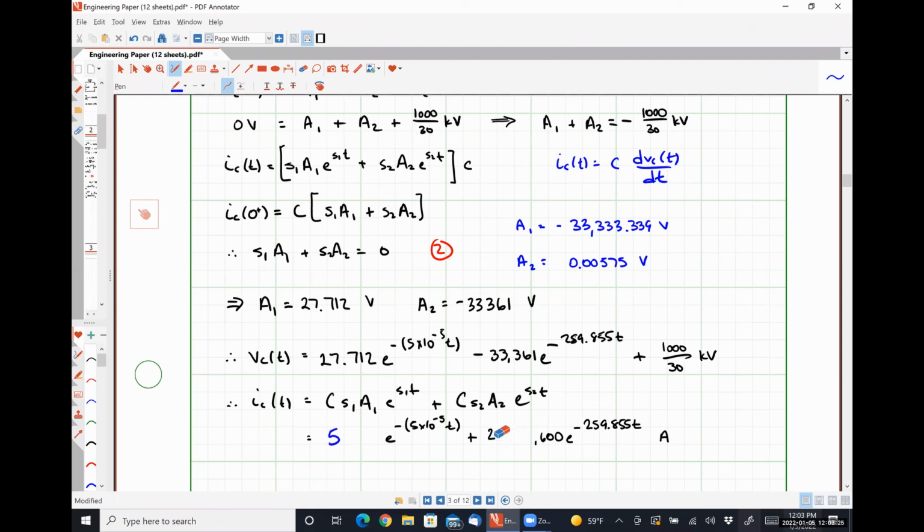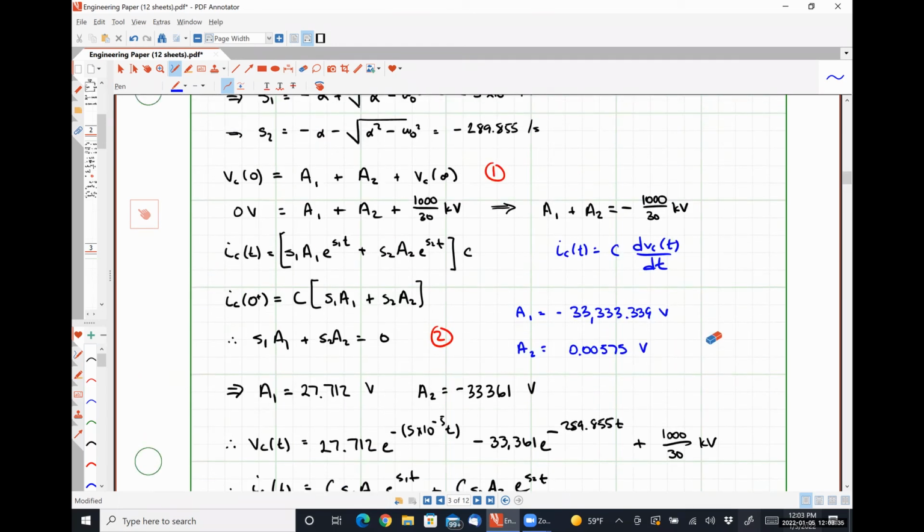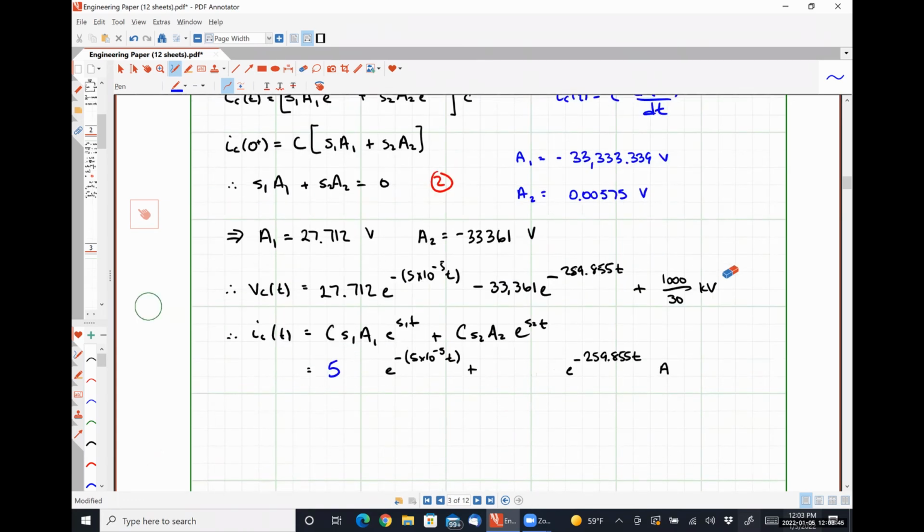And then for this coefficient, I'm going to have C, which is 3, times S2, which is negative 289.855, times A2, which is positive 0.00575, gives me negative 4.999998, which is really close to negative 5. And so they cancel each other out.